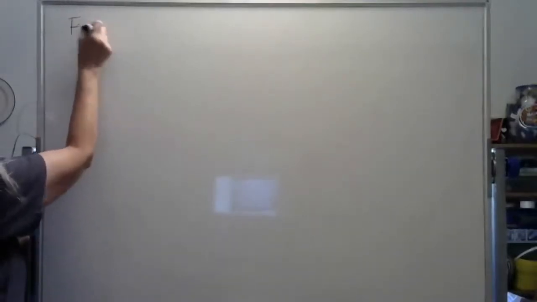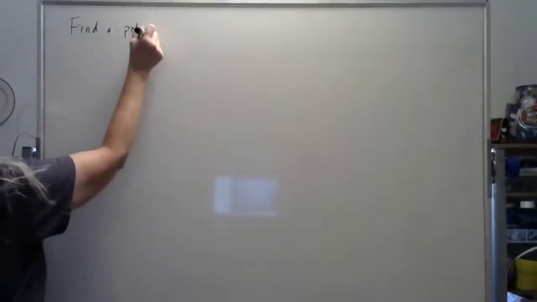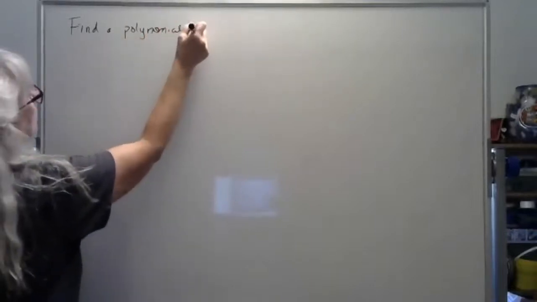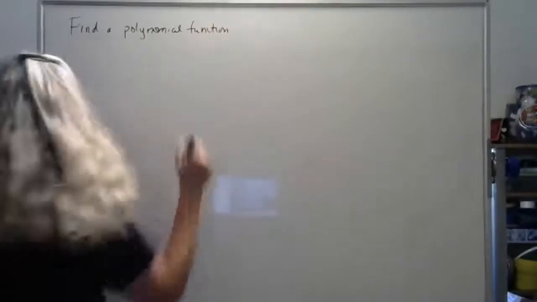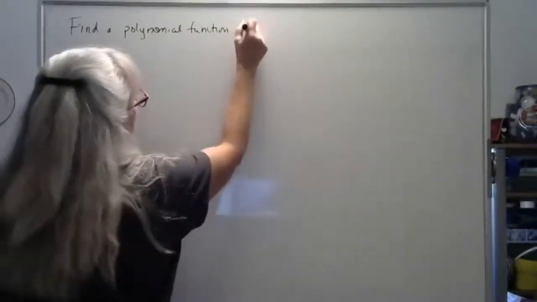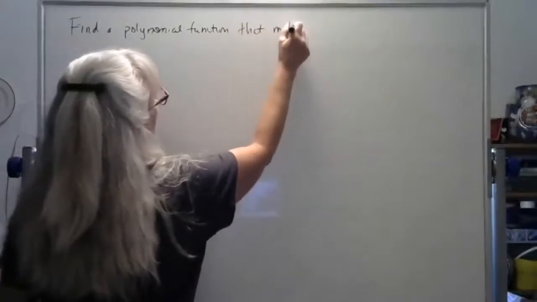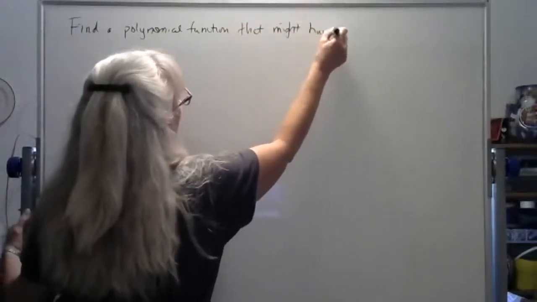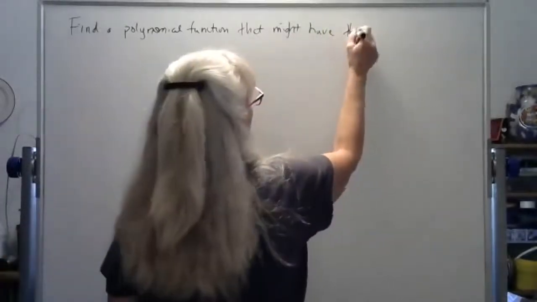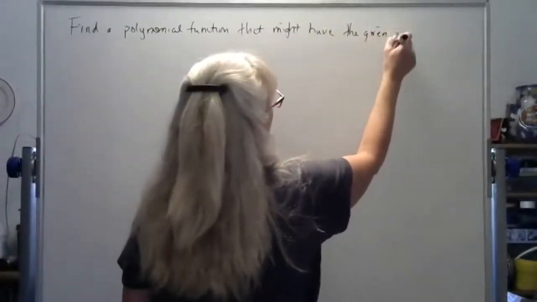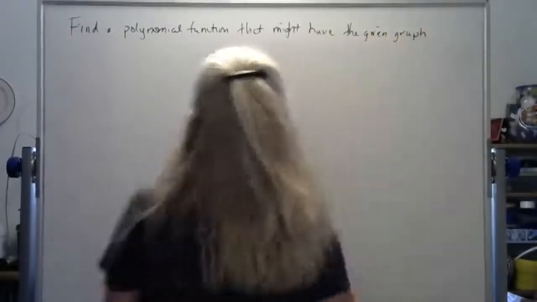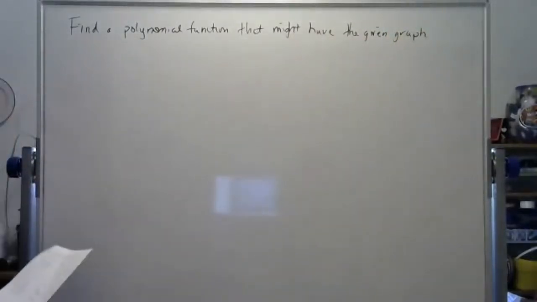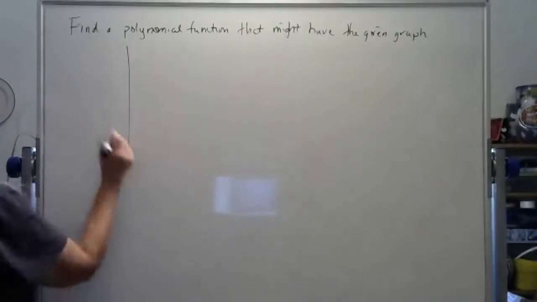So now we're going to go backwards. So in other words, if I give you the graph, can you write the function? Okay. So we want to find a polynomial function that might have the given graph, and the picture is going to look like this.